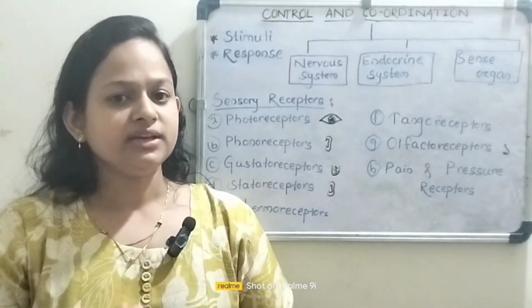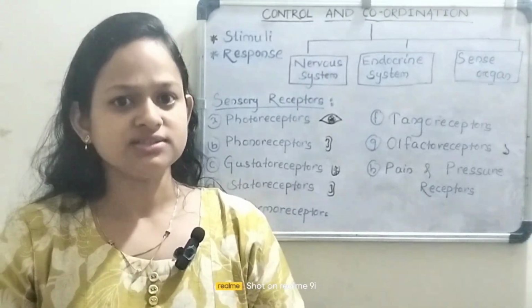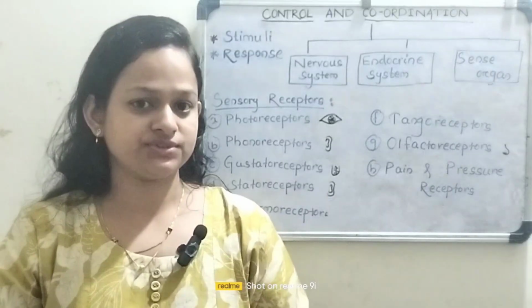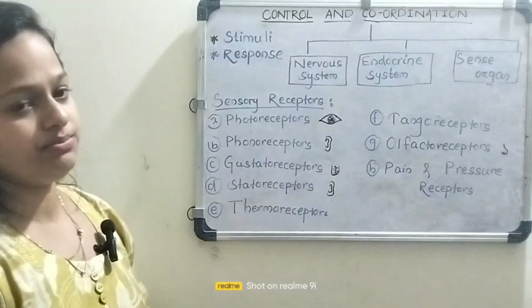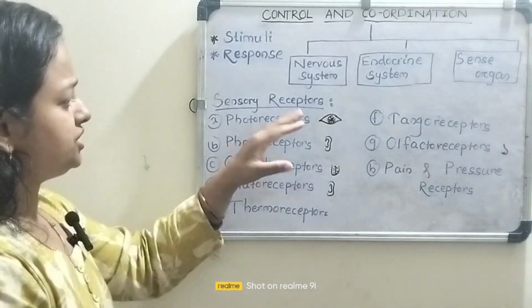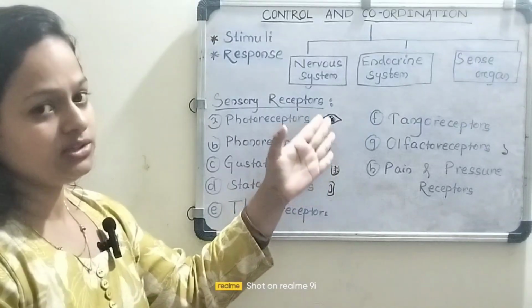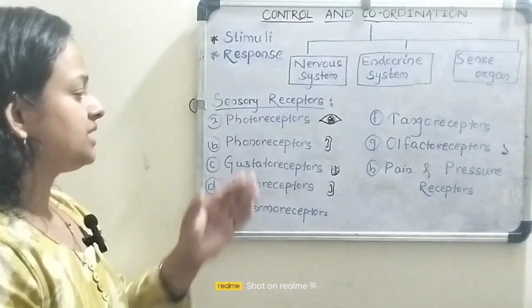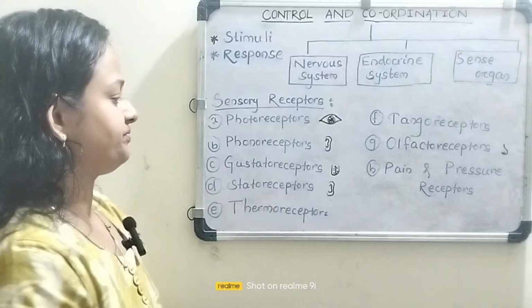The sensory receptors, or the sensory organs, are of different types. The photoreceptor is present in the eye and it detects light. Then the phonoreceptors are present in the ear and they detect sound.